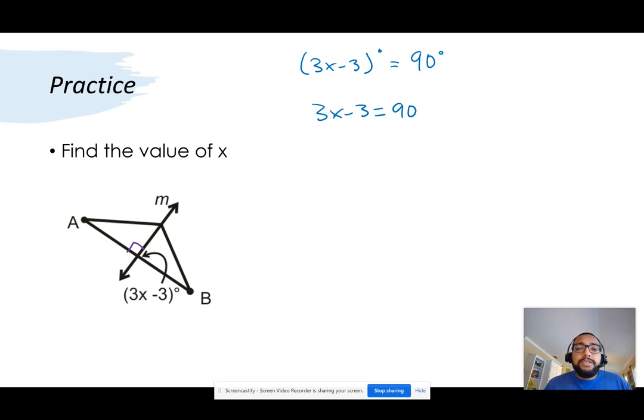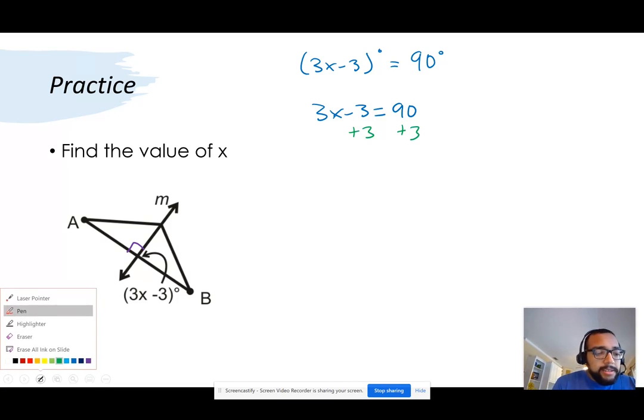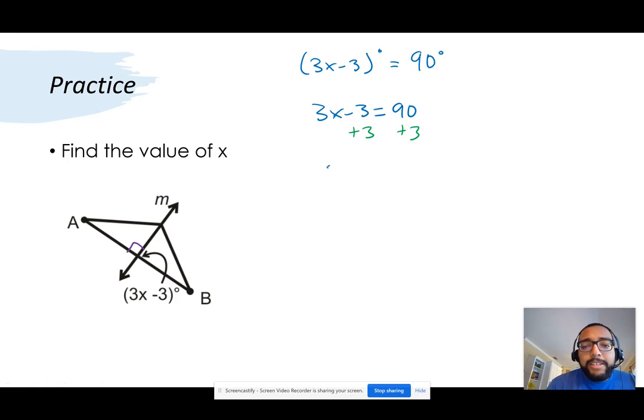So then here, just to solve for x, again, nothing too crazy happening here. Add 3 to both sides. And as I look at this, I realize I need to do some mental math, because to solve for x, I need to divide by 3 on both sides.